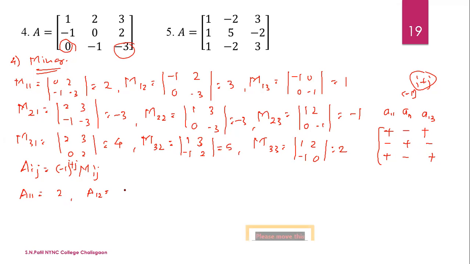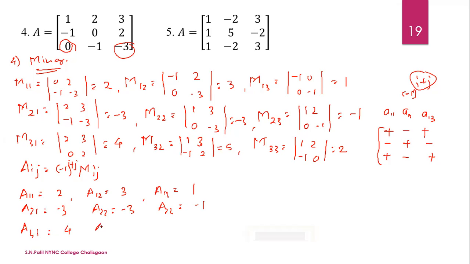Now A21 is minus 3, A22 is equal to minus 3, A23 is equal to minus 1, A31 is equal to 4, A32 is equal to 5, and A33 is equal to 2.